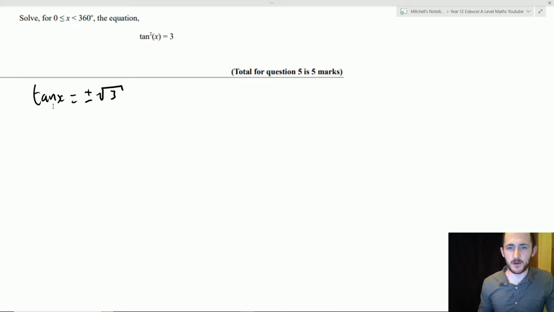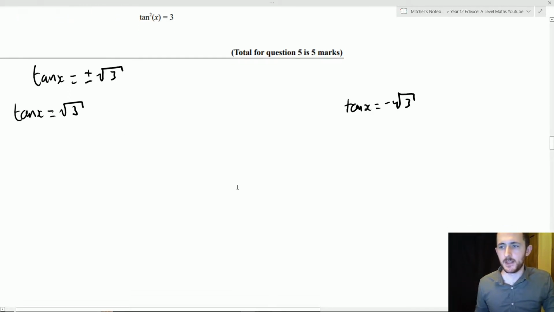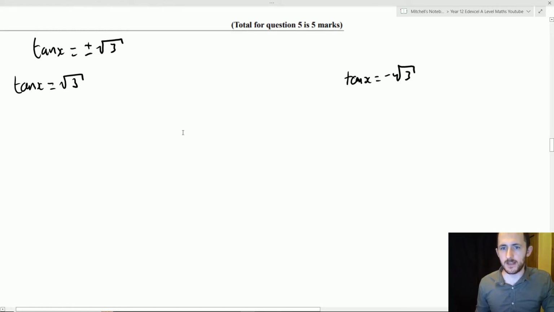So what we're going to do here is we have tan x equals positive root 3 and tan x equals negative root 3 all the way over here. We're going to get a bunch of different answers, then we have to put them all together at the end, okay? So it is still one equation we're solving, it's just that we have an option for plus and an option for minus.